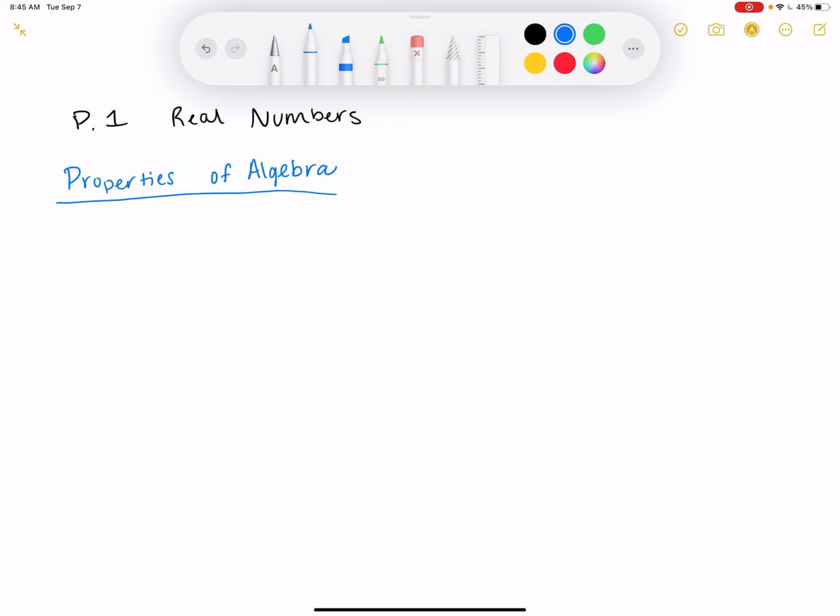Alright, so let U, V, and W be real numbers. Variables or algebraic expressions.